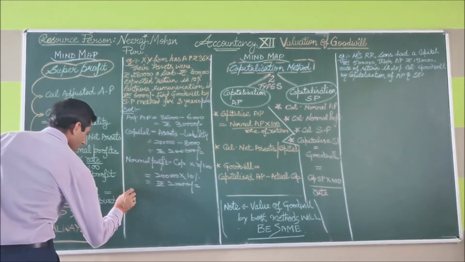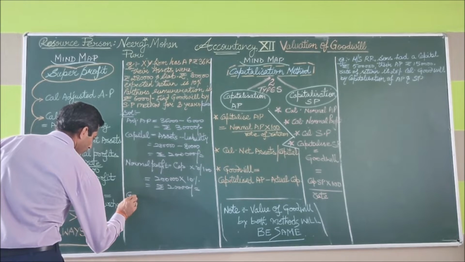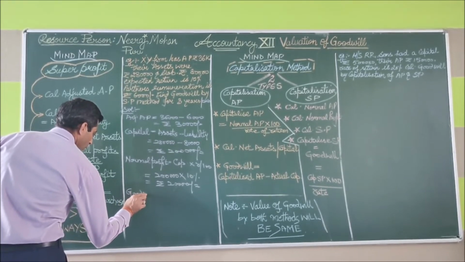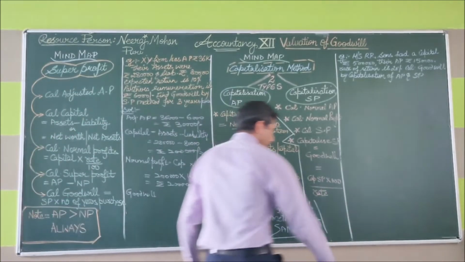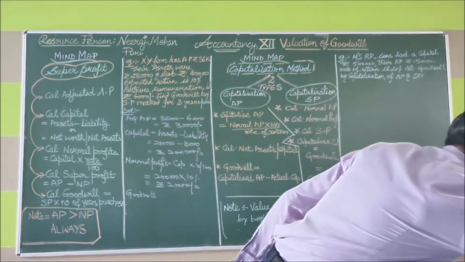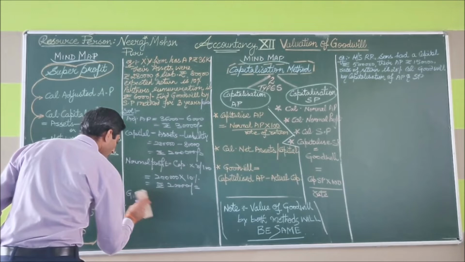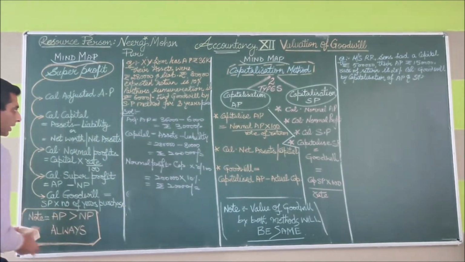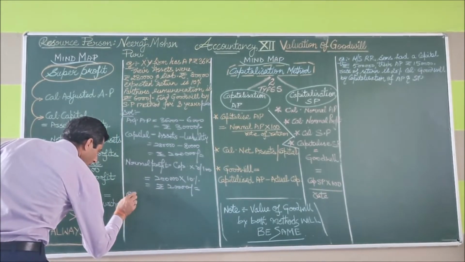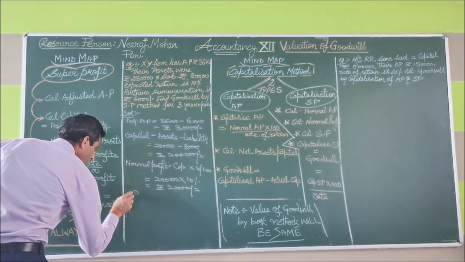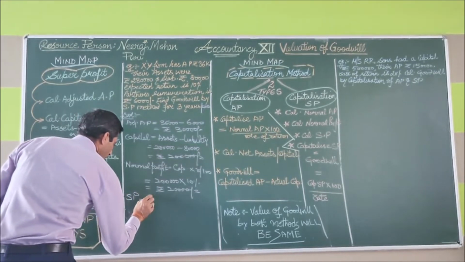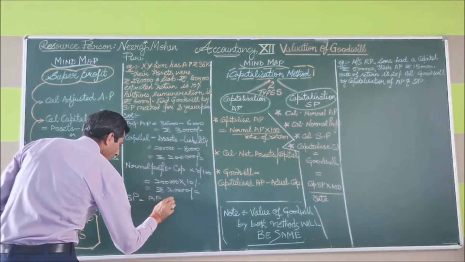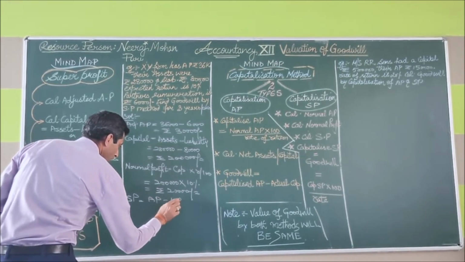Last and the final step is we have to calculate the value of goodwill. One step we need to first calculate before we finally move on is super profit. Super profit is equal to average profit minus normal profit.